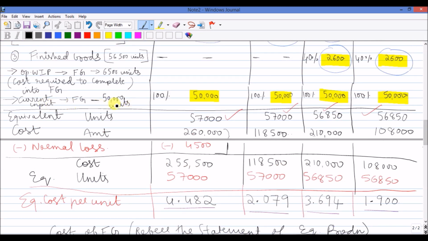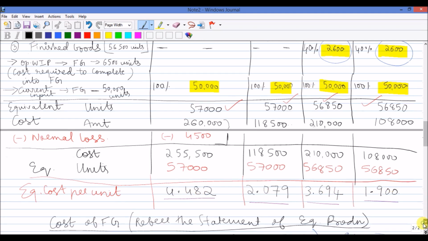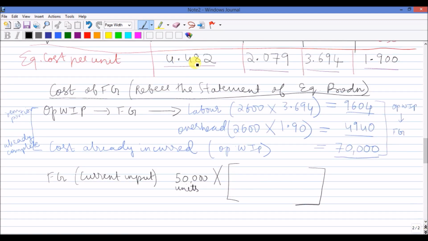See friends, 50,000 units, 50,000, 50,000, 50,000, 50,000. Why break it up? Take 50,000 as common, since everything is having 50,000, and we know the equivalent cost per unit, so we need to add this. It will save our time.